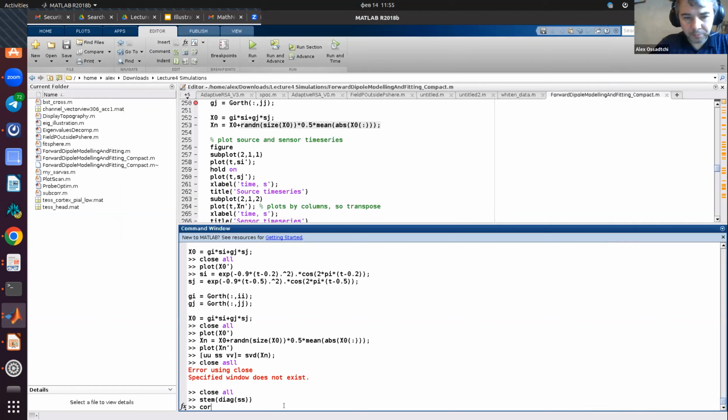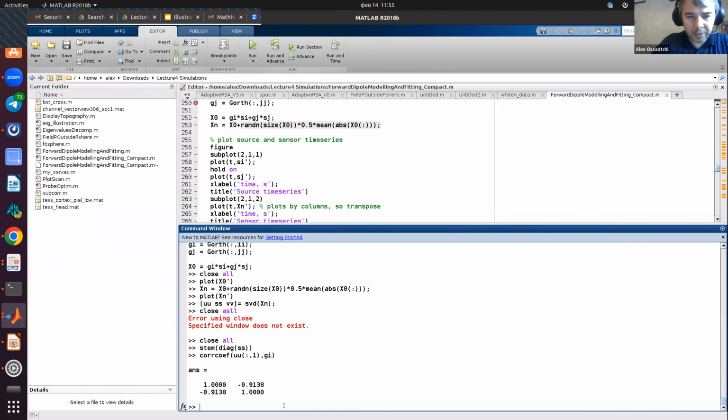And you can check this very simply with corrcoef. You already got used to the fact that corrcoef measures the cosine. So corrcoef of U1 and, let's say, G1. It gives you, see, it's not that exact, and if you added more noise it would be even worse.